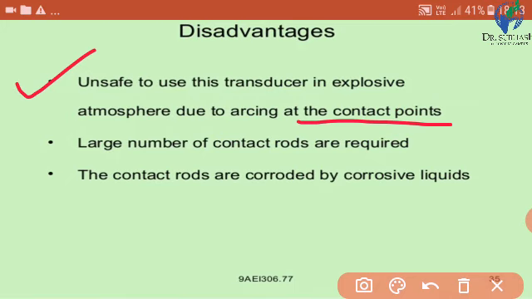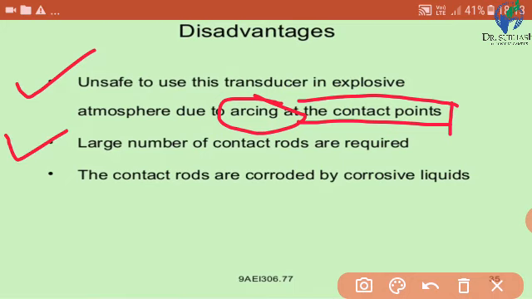See, explosive atmosphere means in petrochemical industries or in a nuclear plant, there are some explosive atmospheres. So in this environment, we cannot use this transducer because at contact points there is arcing, and due to this arcing it is unsafe for operators and any other persons. So this is the disadvantage, or we can say it is a limitation.